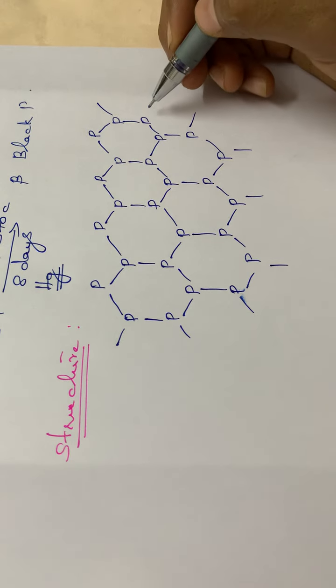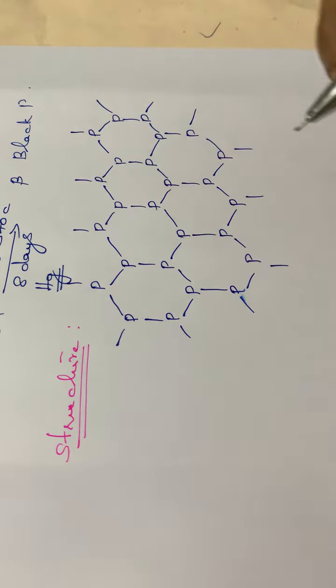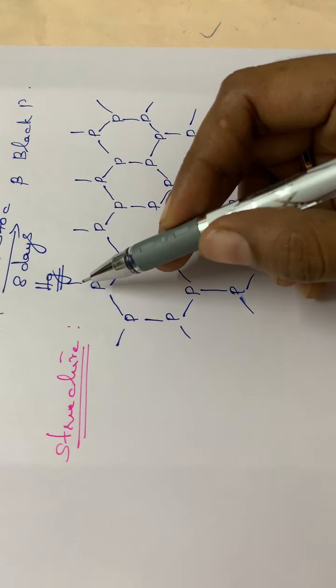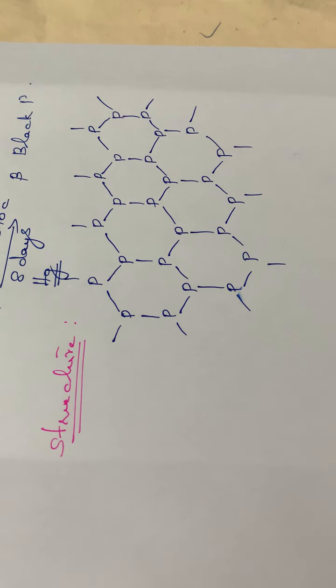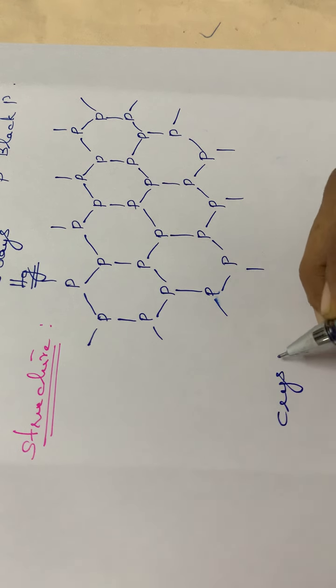This is the structure of phosphorus. It will be extending. So all the phosphorus atoms will be linked to 3 other phosphorus atoms. And also this beta black phosphorus has got a crystalline structure or crystalline nature.